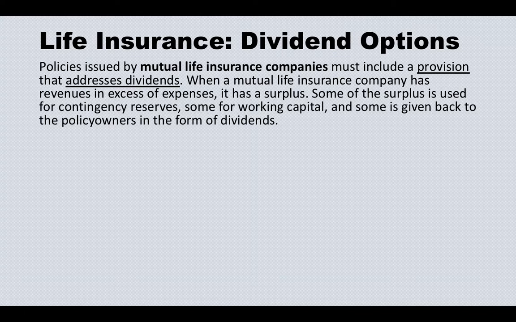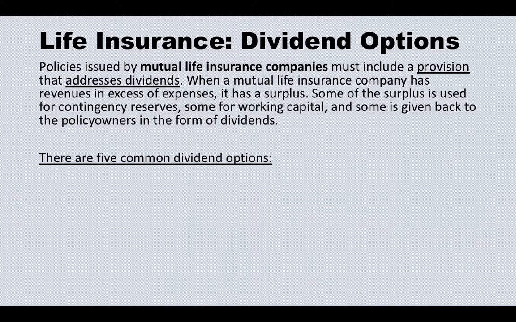When they pay these dividends, there are many different ways to use the dividends, right? There's also a tax implication that comes with those dividend options. Here we're going to talk about 5 common dividend options.